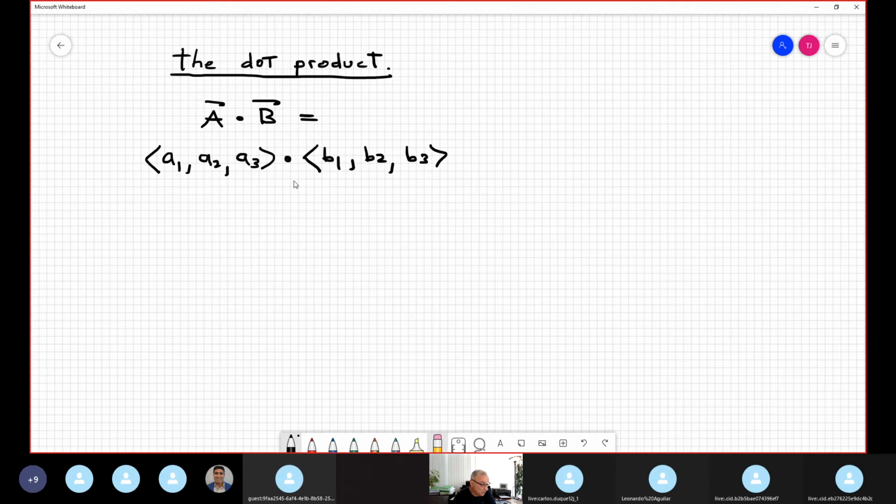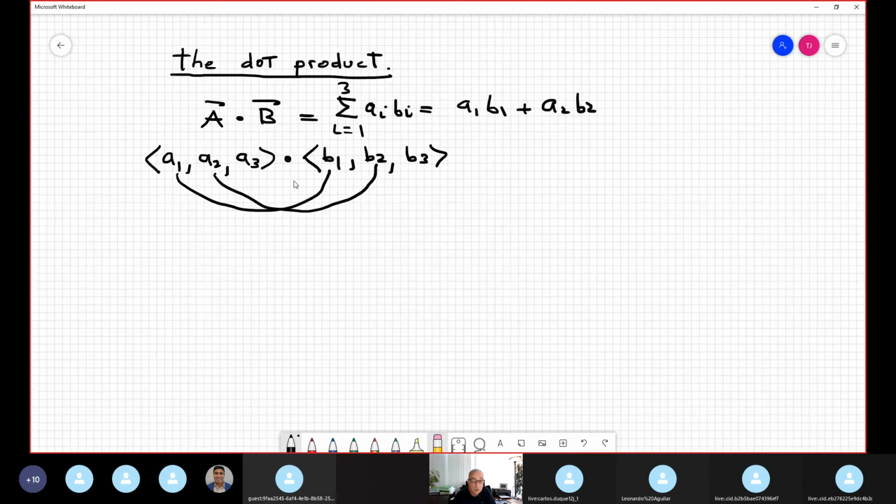The dot product by definition is the summation of A_i B_i, where i varies from 1 to 3 because we have 3 components. The formula is A1 times B1, plus A2 B2, plus A3 B3.